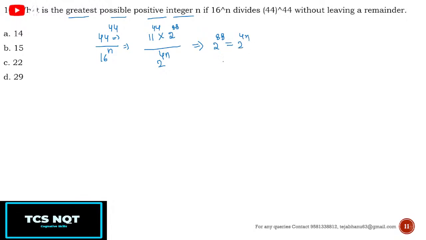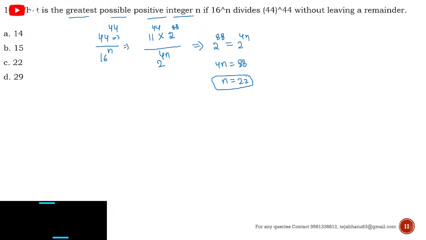We have to compare the prime basis. 4n is equal to 88. n is equal to 22. We can solve it simply, Srikanth, actually. Okay, it is the simple one only. As he is asking the HCF, HCF is nothing but the common term among them.